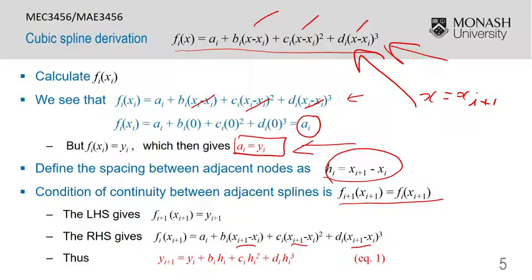Okay, so we've now got equation 1, which relates the function value at xi plus 1, in other words yi plus 1, to the function value at yi plus these coefficients here. We're going to use equation 1 later on in the derivation.